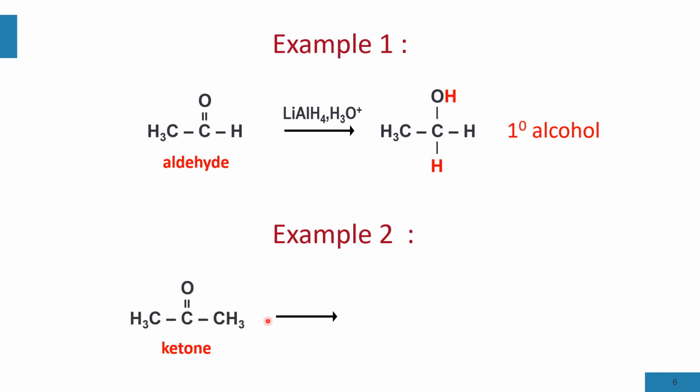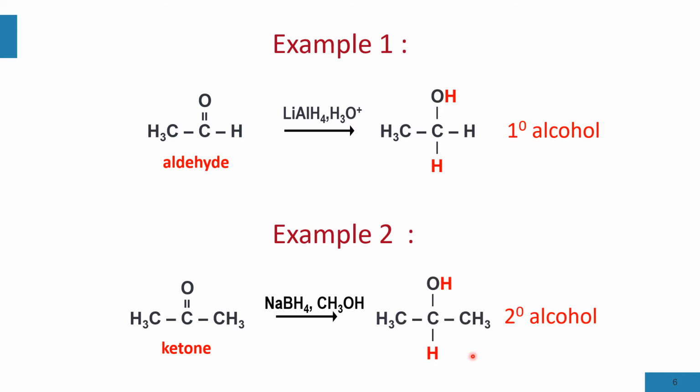Ketone can be reduced to secondary alcohol using reducing agent sodium borohydride in methanol. Formation of alcohol: this hydrogen comes from the hydride reducing agent, and this hydrogen comes from hydrolysis.